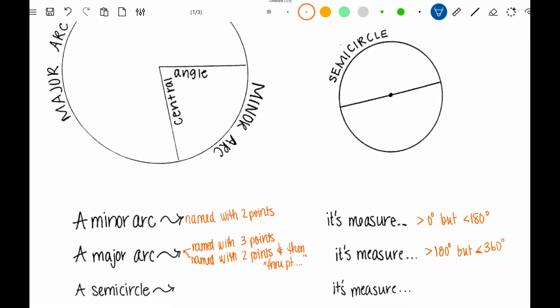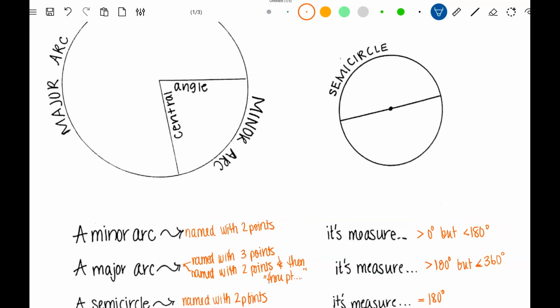If it's 360 degrees, it's the circle. A semicircle is named with 2 points. Its measure is equal to 180 degrees.